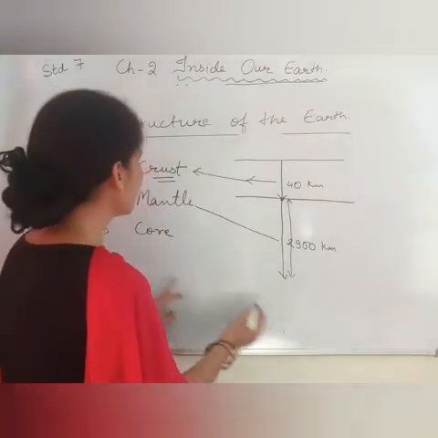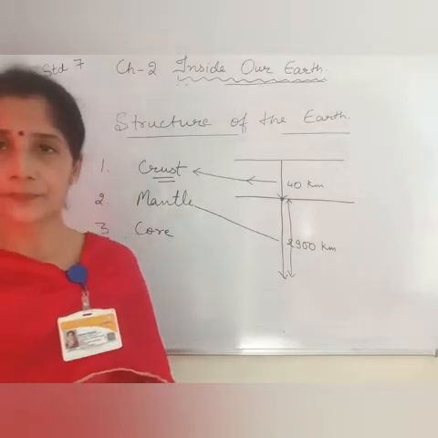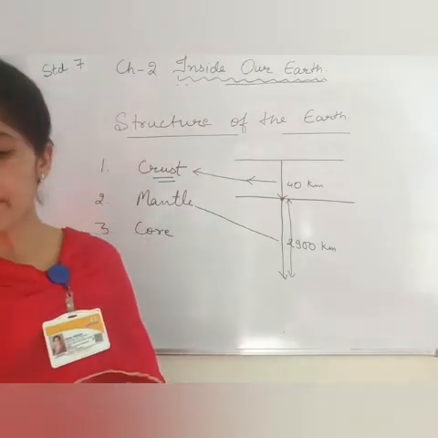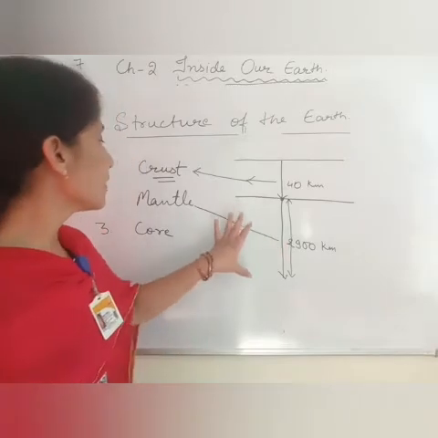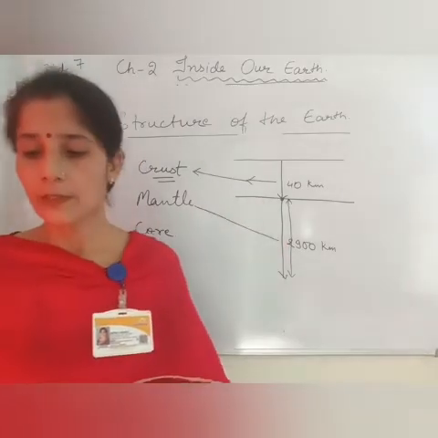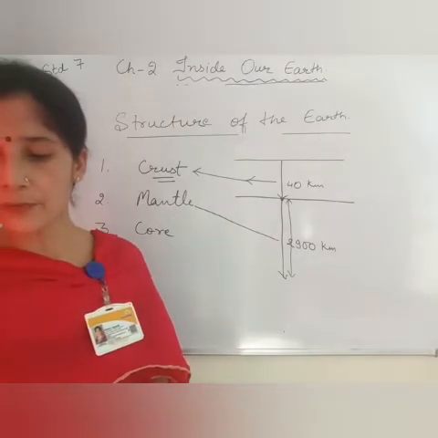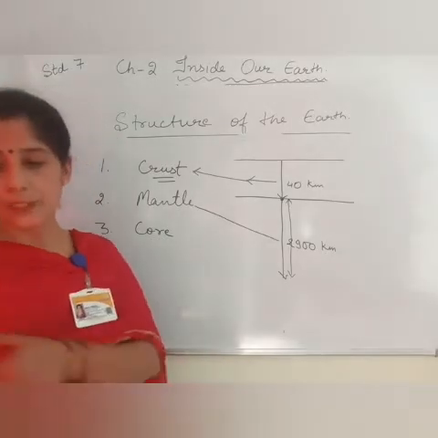What comes below it? Below it comes the core, that is the central part of the earth. It is made up of dense and heavy materials such as iron and magnesium. Iron and magnesium are found in this layer. The average density ranges between 3.5 gram and 5.5 gram per cubic centimeter.